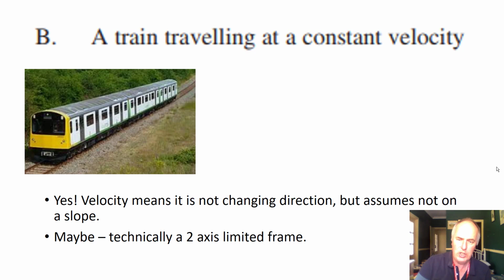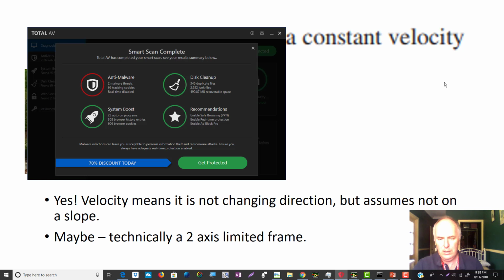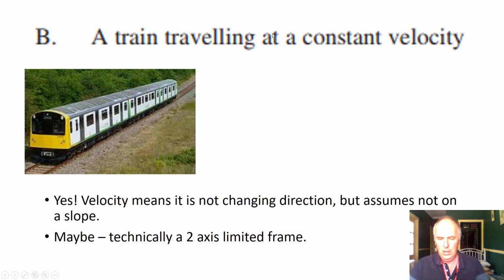If you are travelling at constant velocity but up a hill, your frame of reference has a gravitational component in it which you can't cancel, so you would see, say you're at constant velocity travelling up a hill, the ball you put at rest would start to accelerate towards you. That's just the way it is. Maybe it's technically a two-axis limited frame of reference.